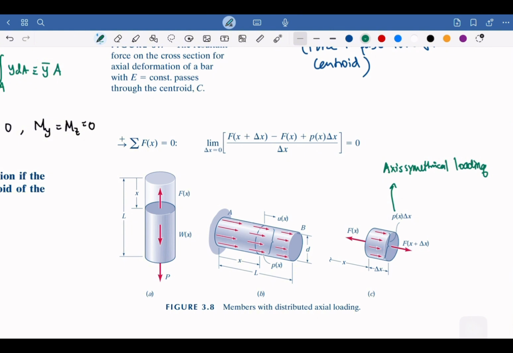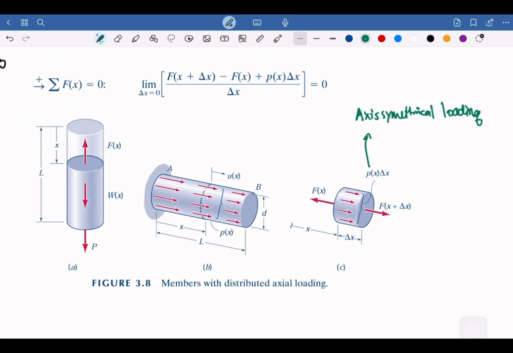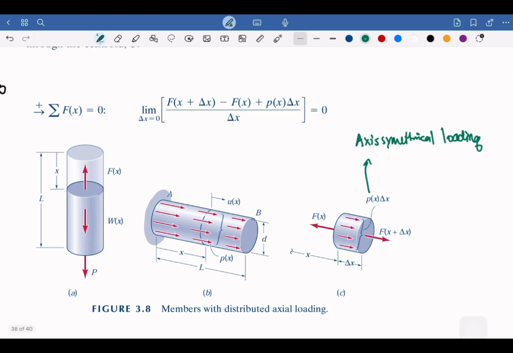and then if we are using the free body of the infinitesimal length delta x, we are going to have a small element delta x as in the figure here. So we cut, slicing this member at the distance delta x. Then we take the limit to define our f.